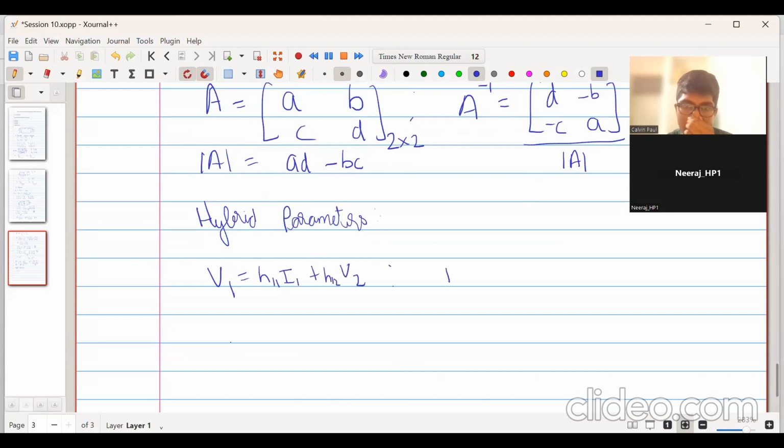Similarly, I2 is equal to H21 into I1 plus H22 into V2. So can you tell me, how will I find H11? If I want to find H11, what I must do?